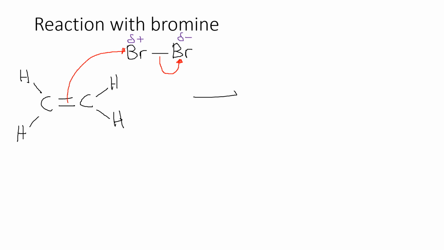And what is made as a consequence is that you now have a carbon to carbon single bond, because we've used some of the electrons to make this carbon to bromine bond. You've got a new carbon to bromine bond here, and then you've got your hydrogens that were bonded originally.